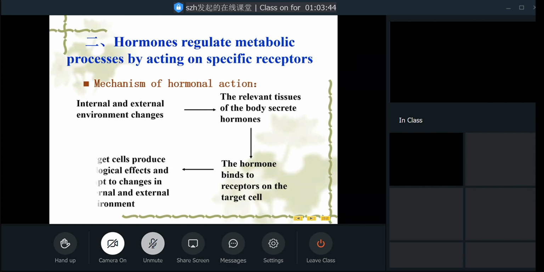The hormones are transported in the body and bind to the receptor of the target cell. And last, the target cell produces a regulatory effect and makes the body adapt to the change of the environment.